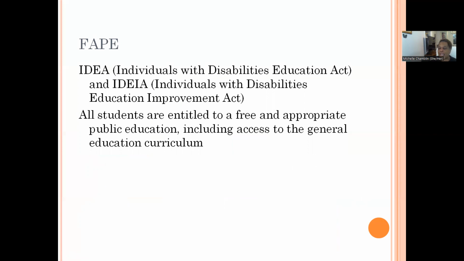So, free and appropriate education. In IDEA and IDEIA, where it was improved, FAPE means that all students are entitled to a free and appropriate public education. This includes access to the general education curriculum.